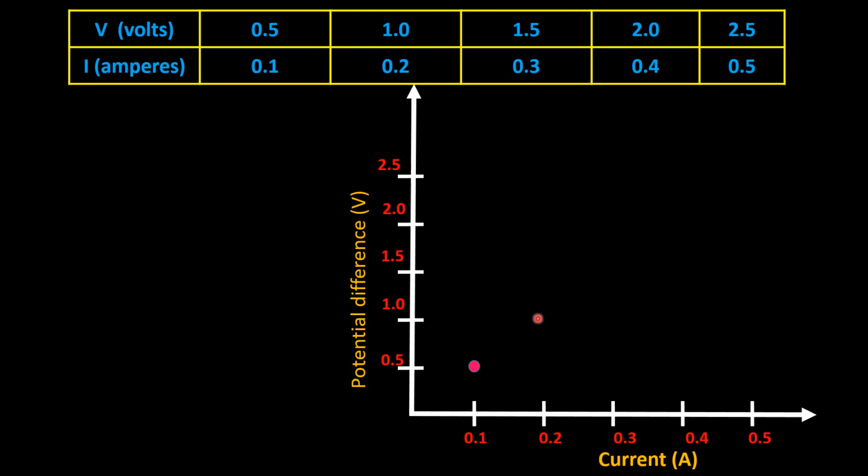So it will meet somewhere here. So here is the second point, and similarly the third point is current value 0.3 and voltage 1.5. So current 0.3 is here and the voltage 1.5 is here. So they will meet somewhere here. So this is the third point, and similarly we get the fourth point and fifth point.